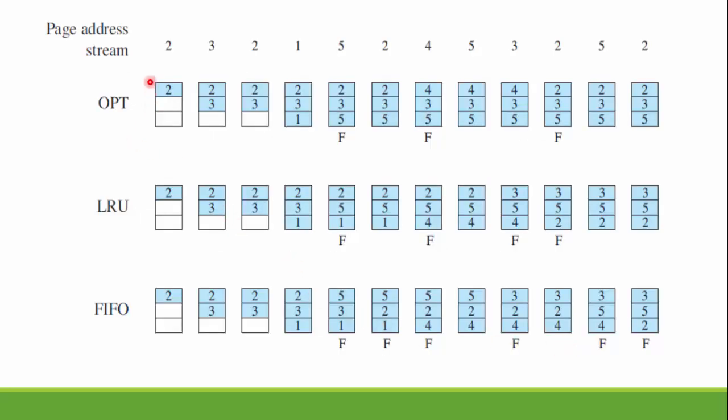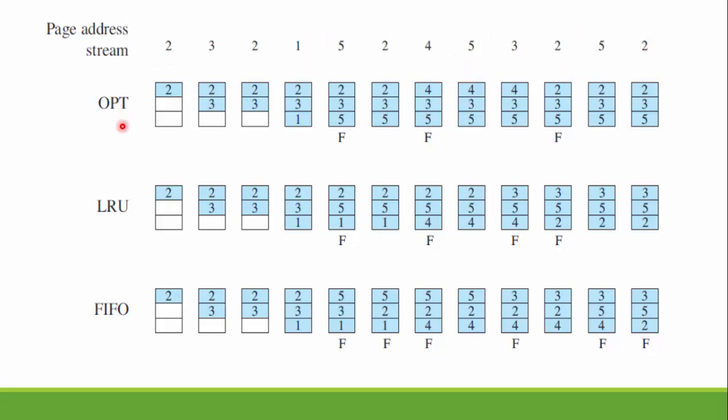You can see these are the pages that are going to be referenced. This is the optimal policy. In this we are already given the stream of pages we are going to reference in the future. So we can implement this optimal policy just as an example, but we don't have this stream in practical applications.